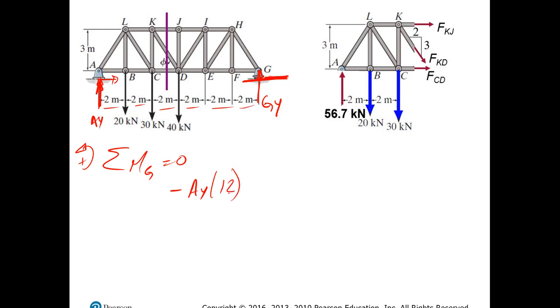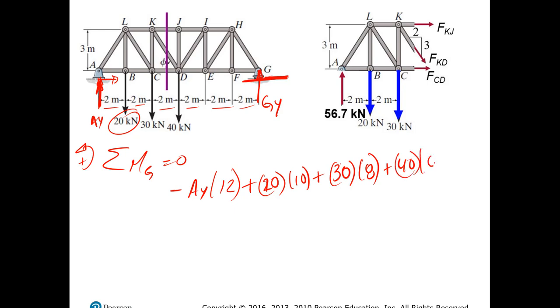That multiplies 12. Then I have 20 kilonewtons, which will make a positive moment. 20 kilonewtons multiplied by 10, which is the distance, and then I have a positive moment created by the 30 kilonewtons multiplied by 8, and then I have 40 kilonewtons multiplied by the distance, which is 6, because remember, I'm going around G.